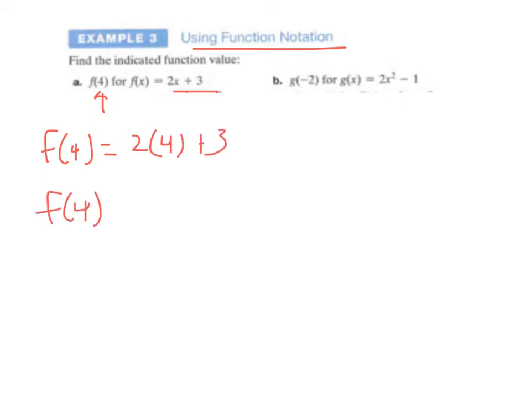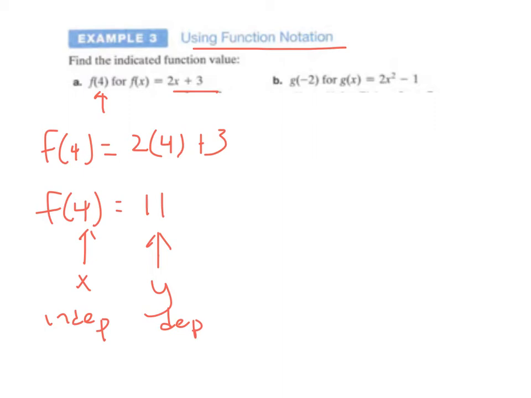It's just f of 4. And when I do my math, this ends up being 11. So what we're saying is this is the x, this is now the y. And so we can pick any number for x, that's why it's independent. And we get a value which is dependent on the x. So there's how we use function notation.